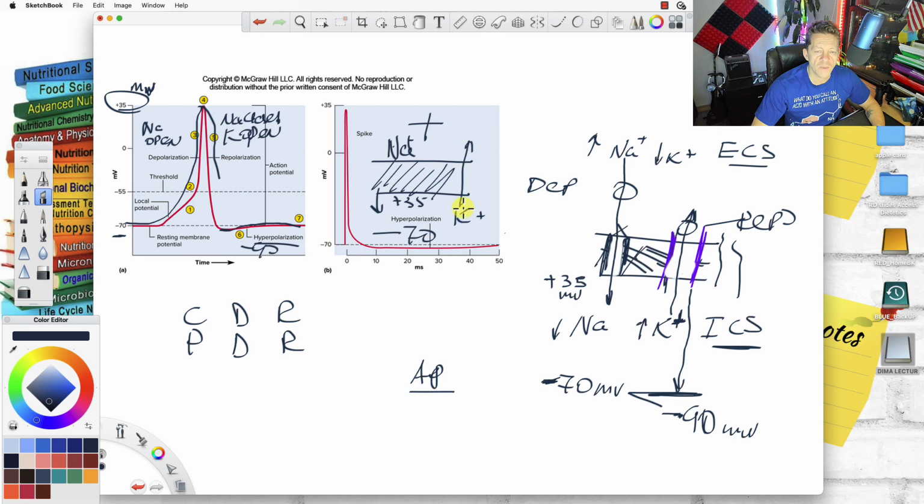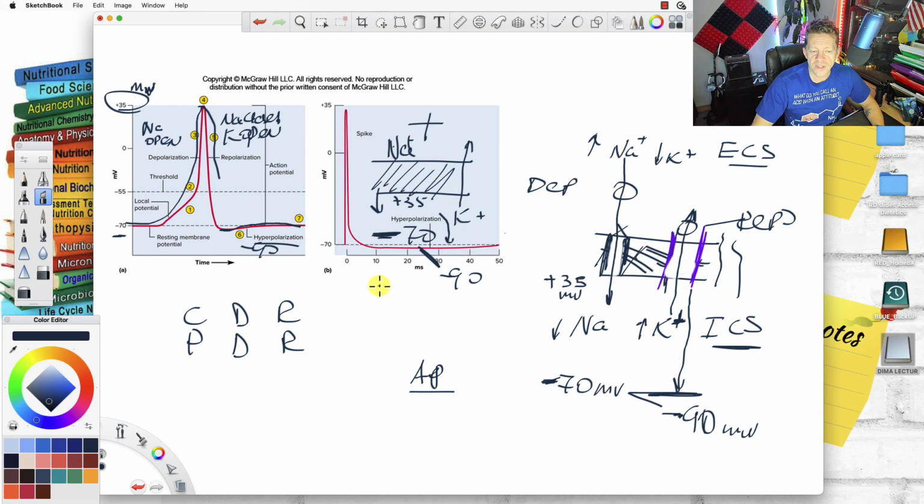When the potassium exits the cell, you're removing positive ions, and that's how you are able to go back to this resting or initial state of minus 70. Well, it dropped to minus 90, but the potassium keeps leaving and some sodium will enter, and that's why we can reestablish the difference between 90 and 70 by moving these positive ions, which are both positive.